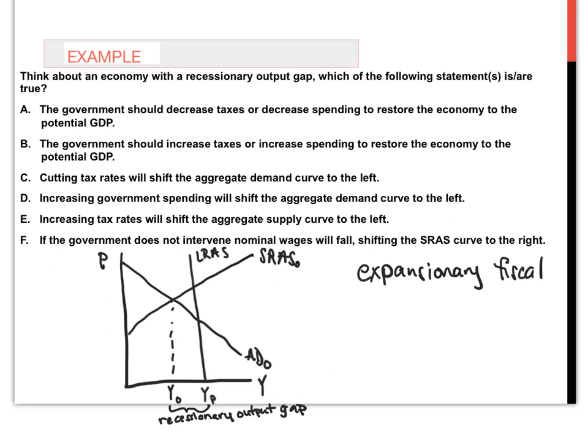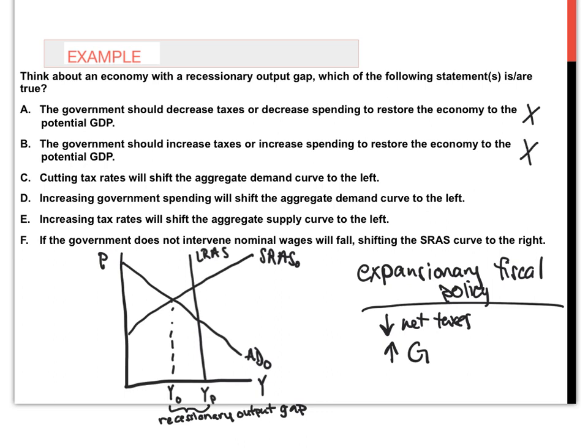An expansionary fiscal policy involves decreasing net taxes and increasing government spending to increase aggregate demand. So the government should decrease taxes or decrease spending. It needs to decrease taxes or increase spending. So that means that B is incorrect as well.